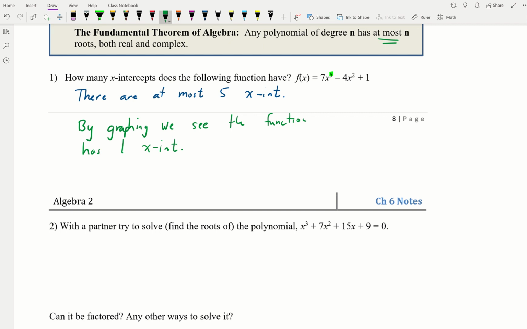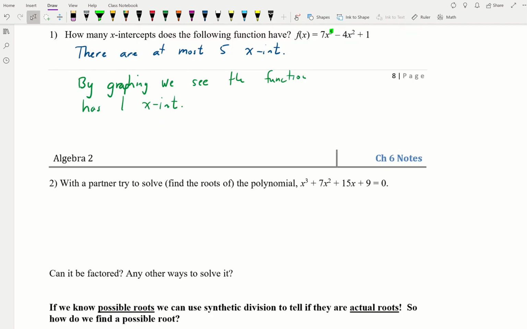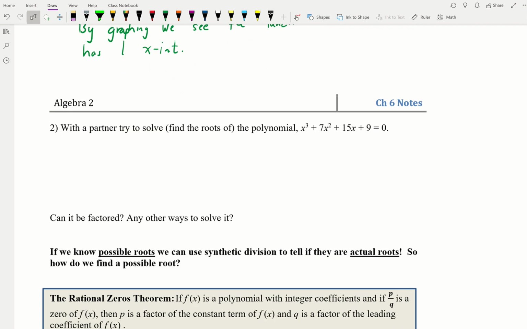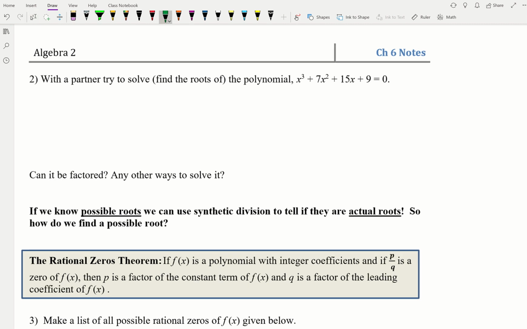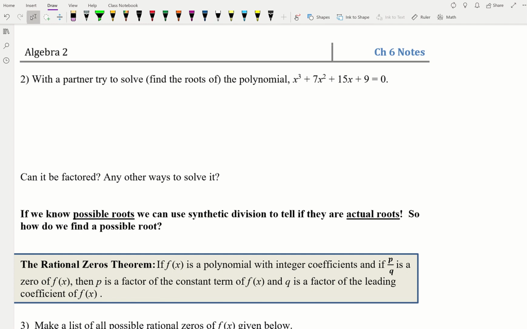Number 2 says, with a partner, try to solve or find the roots of the polynomial. Roots are the solutions, which can come from factors. At first thought, we might want to try to factor this, but there is no greatest common factor. Since we have 4 terms, maybe we can factor by grouping.